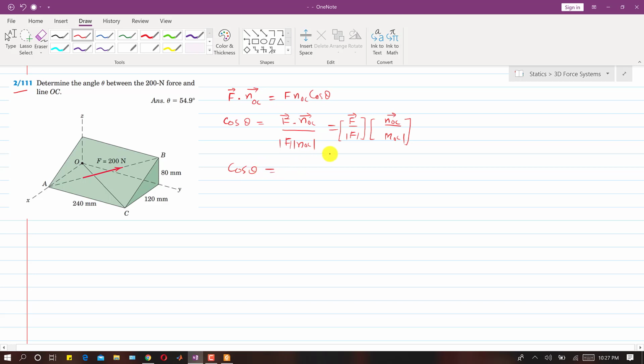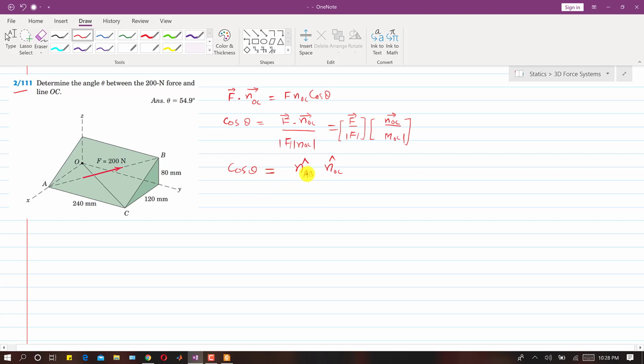Cos of theta is the unit vector of force, which is nAB, multiplied by the unit vector nOC. So when we find the unit vector of force and the unit vector of OC and multiply them, that will be equal to cos of theta, and when we take the inverse cos, we will find that theta.